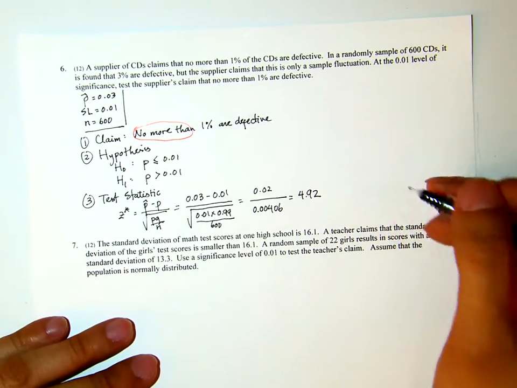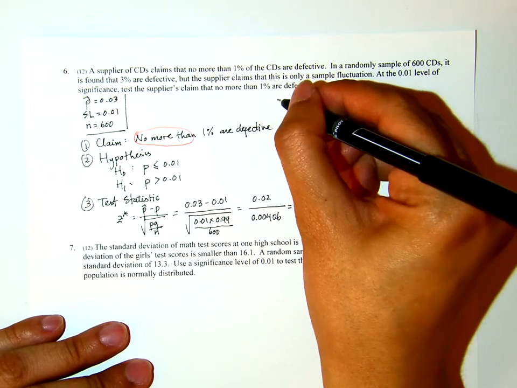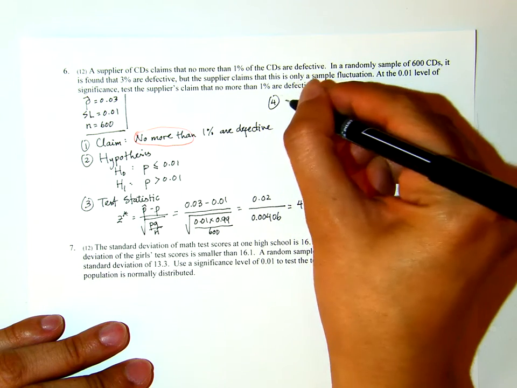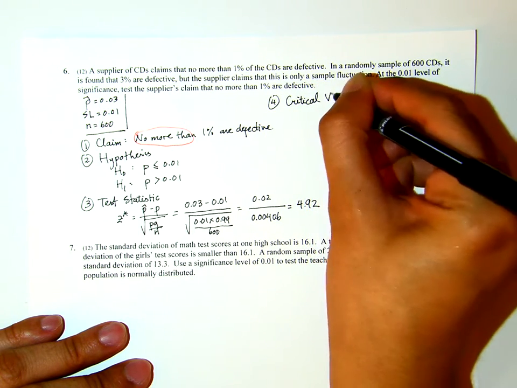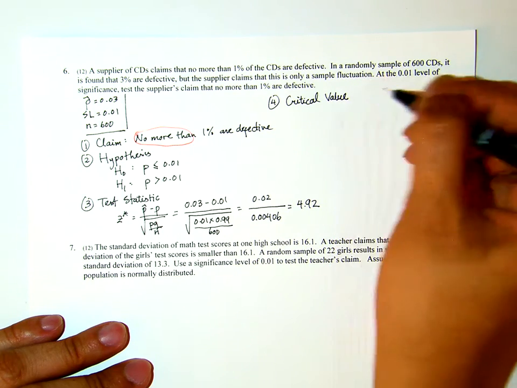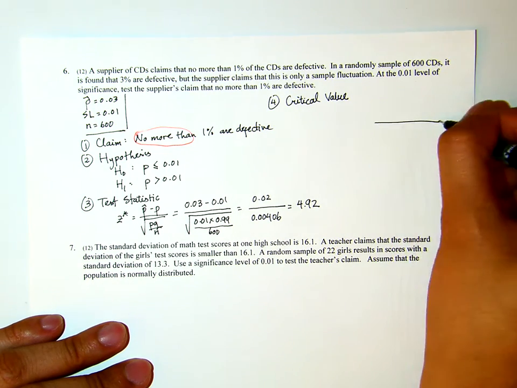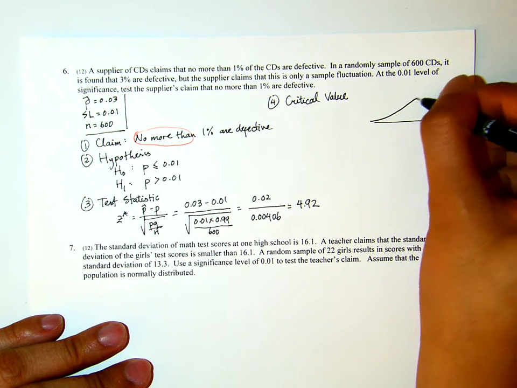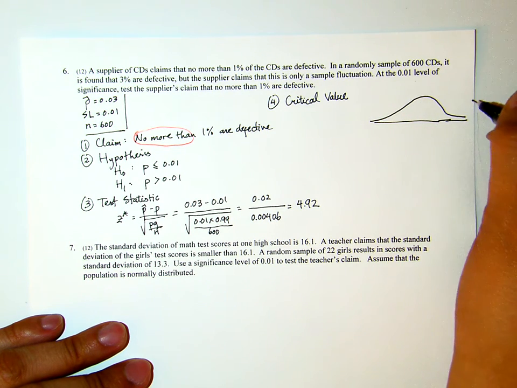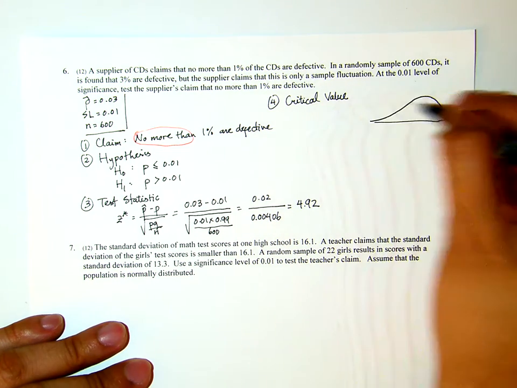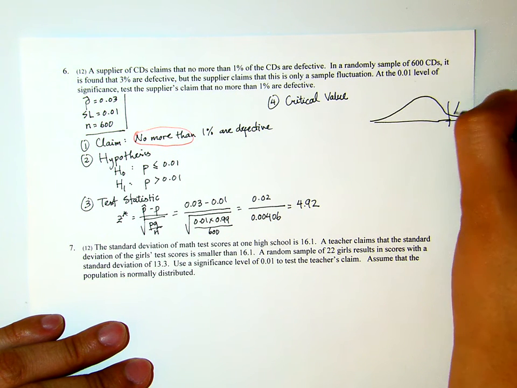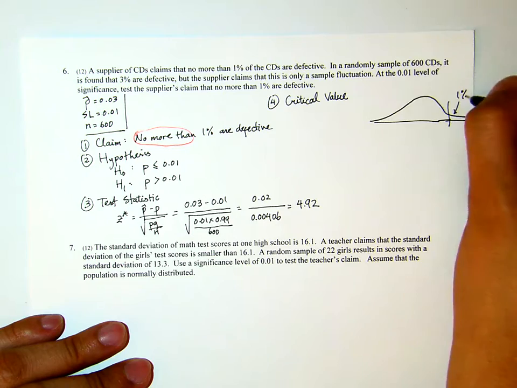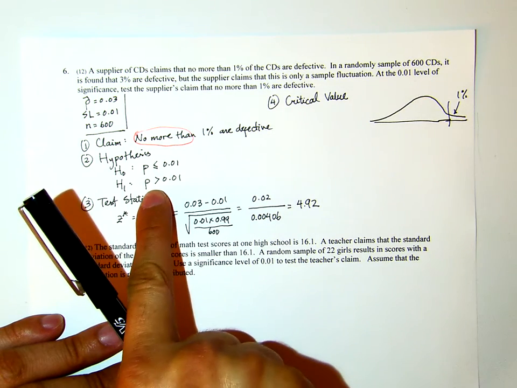Now then, step 4, critical value. If I do the z distribution, you will see that I need a 1% significance level, which means this is 1% here. It's a right tail test.